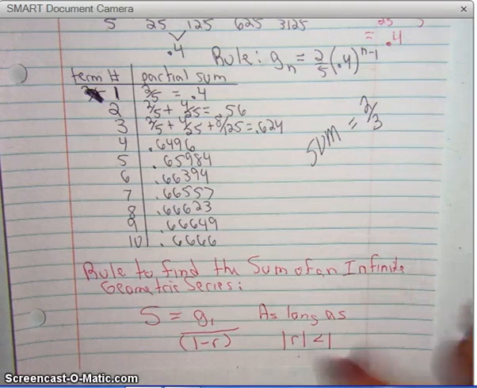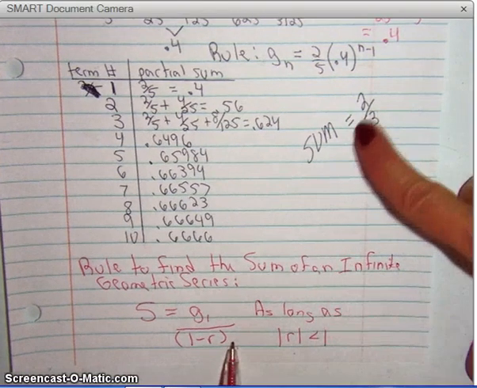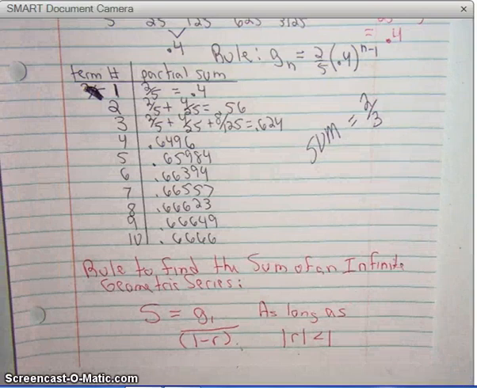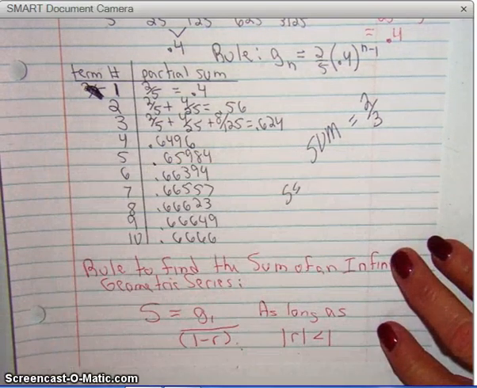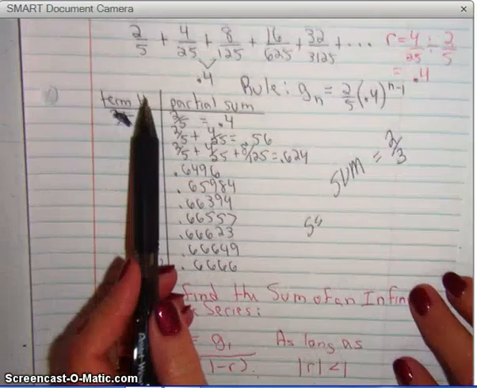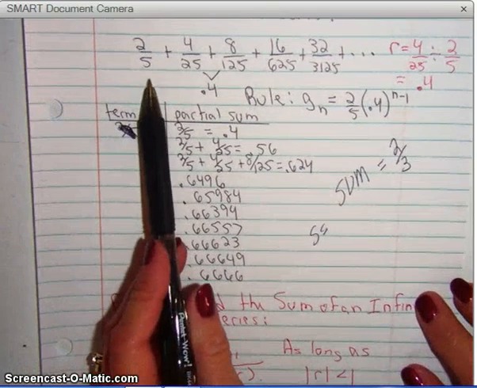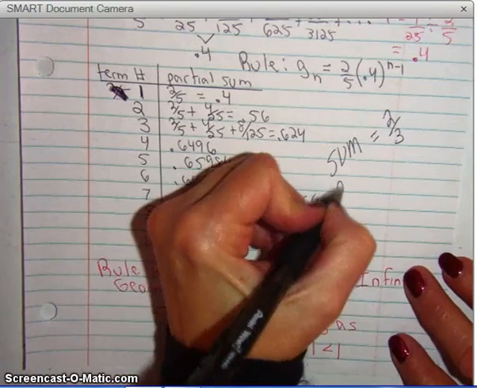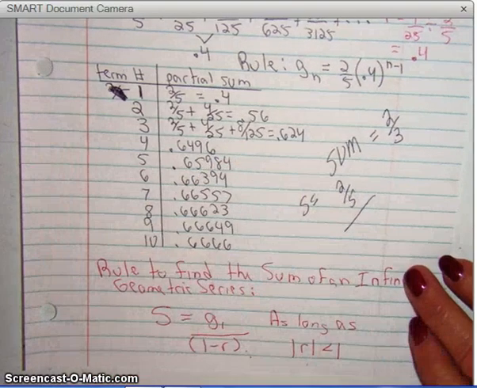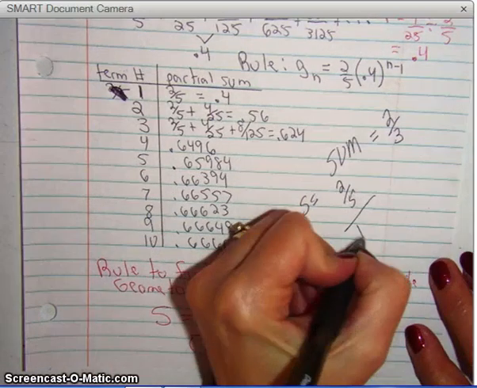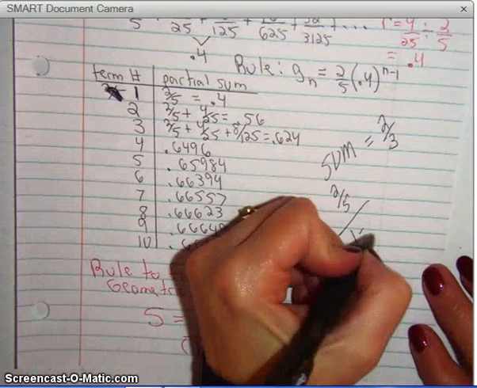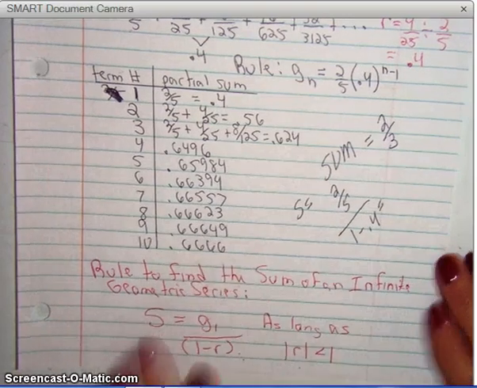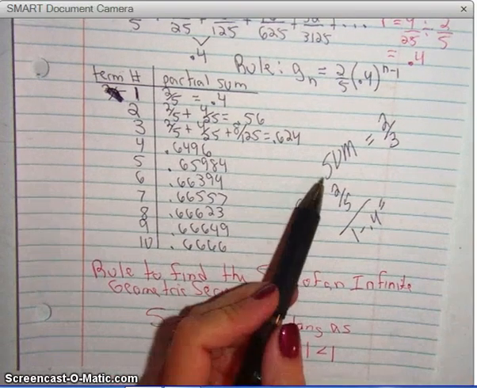Okay? Can we check and see if this rule works for the series up here? We knew we were supposed to get 2/3, right? So sum equals g sub 1, the first term in the series, 2/5, over 1 minus r. And r, you told me, was 0.4. Now, just be careful how you punch this.